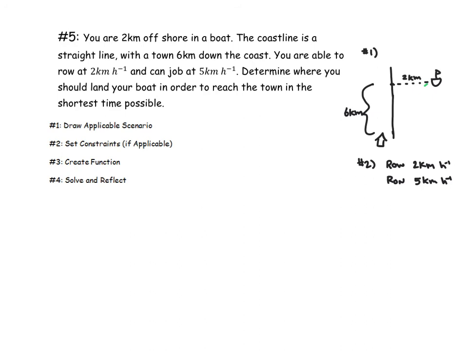We could row a little bit longer to a point X kilometers downshore and then jog the rest of the way. So how could we optimize and minimize, in this case, the time that we'd be on the boat? Since this is a nice right angle there, I'm going to use the Pythagorean theorem to tell me that this would be the square root of x squared plus 4.